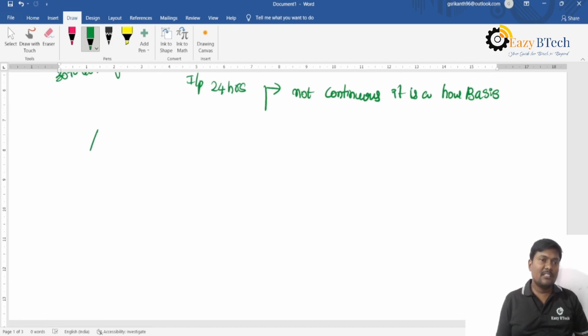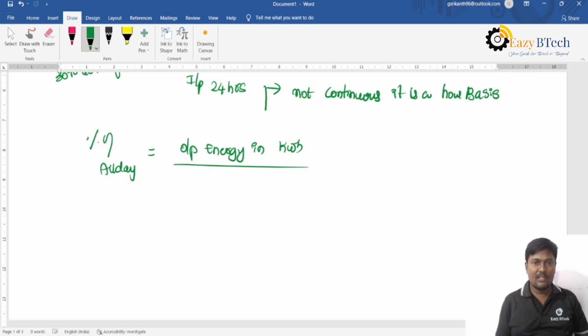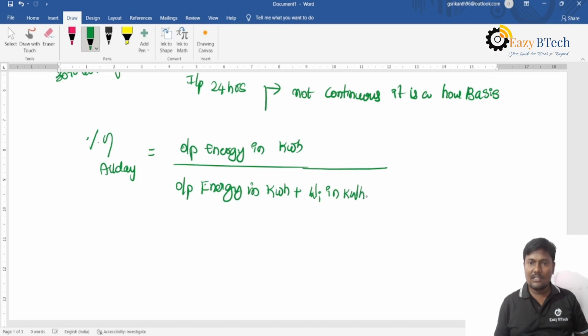We can calculate the efficiency, that is all-day efficiency, as output energy in kilowatt hour divided by input energy in kilowatt hour, or output energy in kilowatt hour plus iron losses in kilowatt hour plus copper losses in kilowatt hour, multiplied by 100.